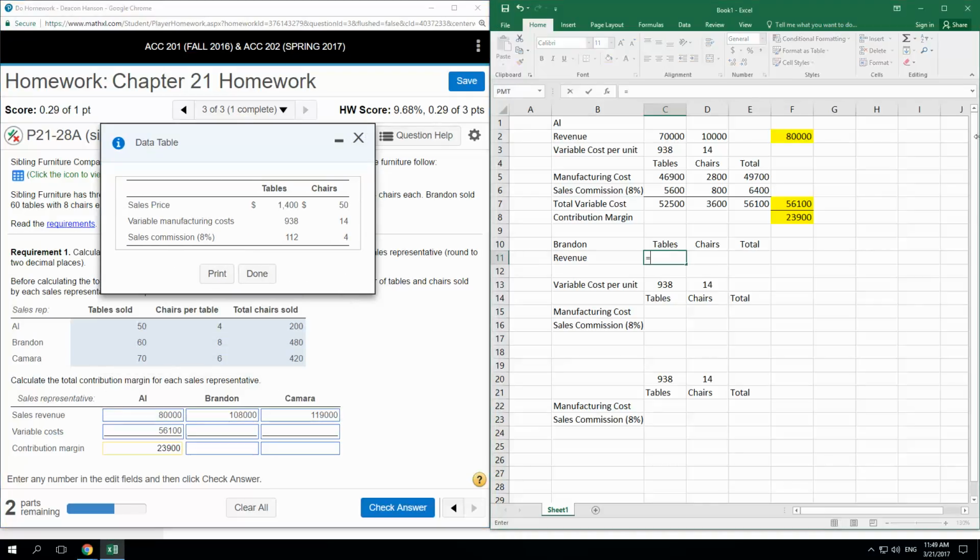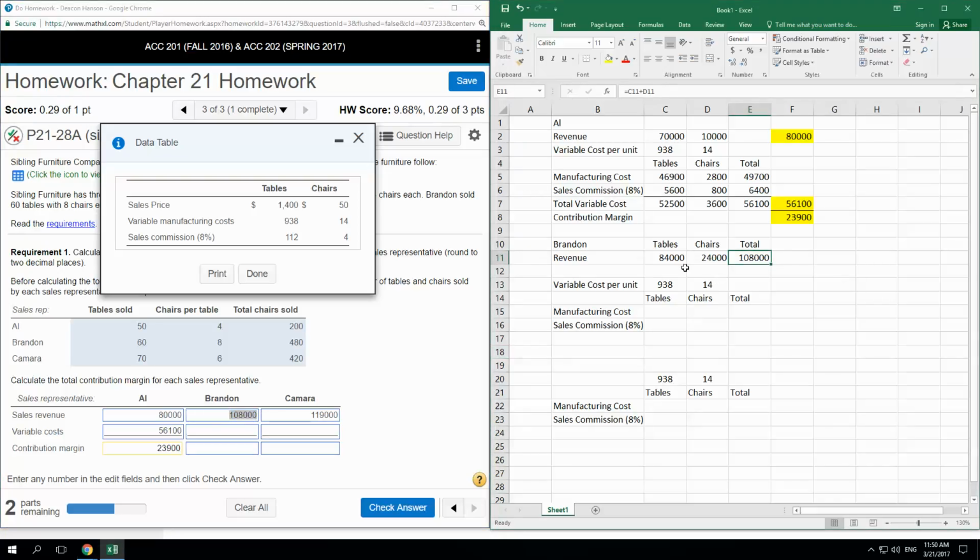So equals 60 tables sold times 1,400, which we kind of did already. And then we'll do chairs: 480 chairs sold times $50. In total, he's got 108,000. So that's really the number we're going after here.